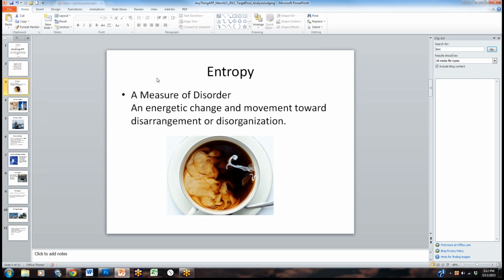One of the images I like to use is pouring cream or milk into a cup of coffee, and that represents entropy, because it's a movement towards disorganization and disarrangement between the system.